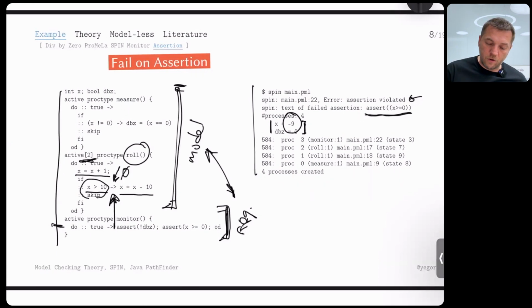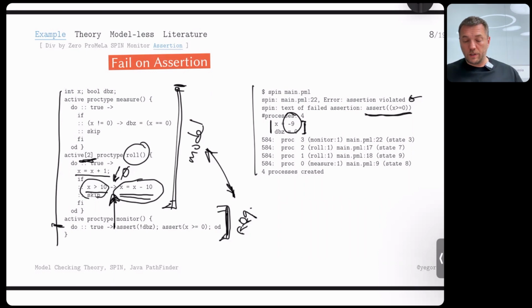But I'm saying, no, I still want to decrement it by 10. So it's inconsistent. I get into an inconsistent state right here. Why is it inconsistent? Because it's not consistent with my expectations, how I understand it. My expectation is that x satisfies certain conditions.